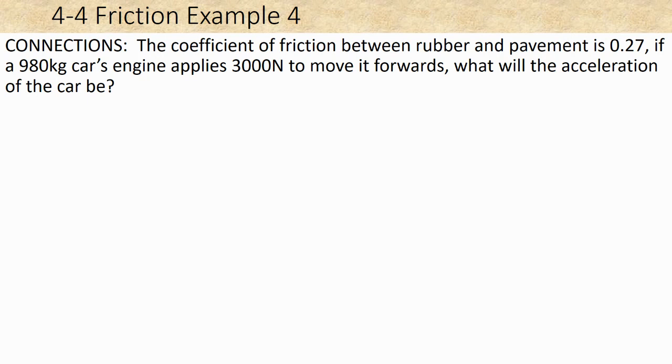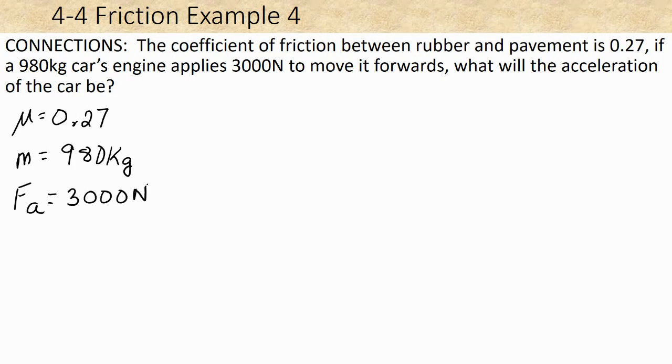But we want to apply the same logic. First step, the givens. The coefficient is 0.27. The mass is 980 kilograms. And we know that the applied force is 3,000 newtons, because that's what the engine applies to move the car forward.